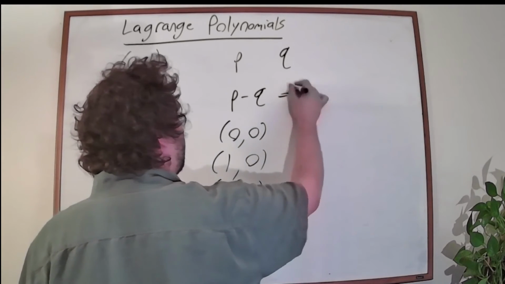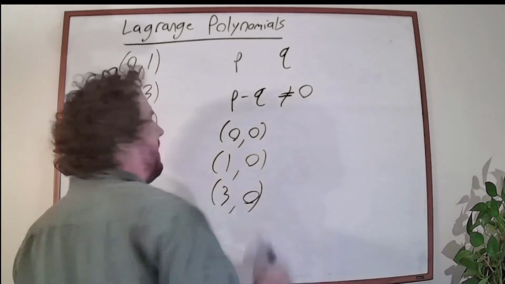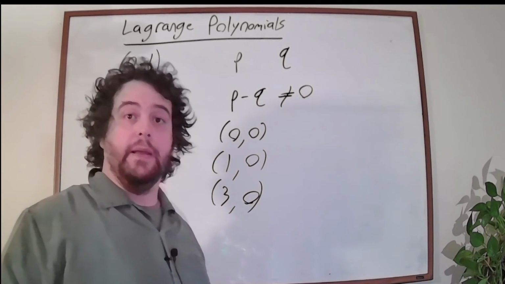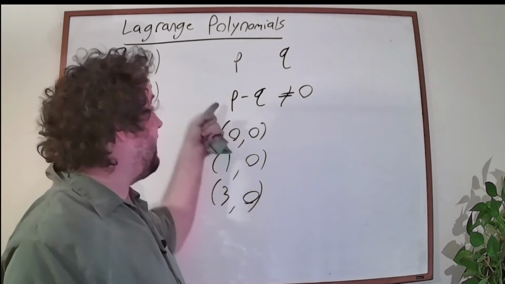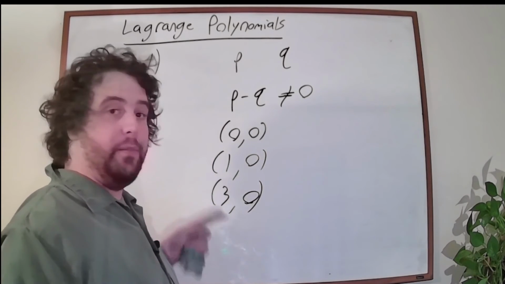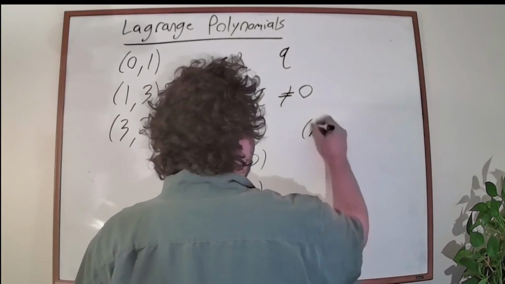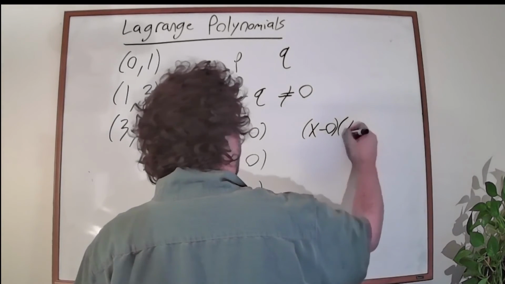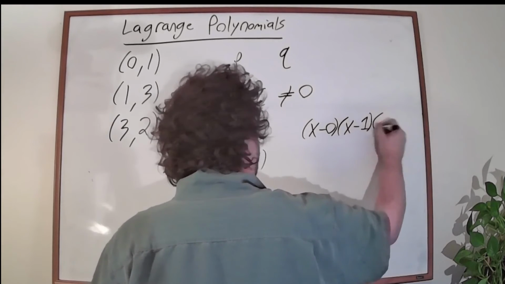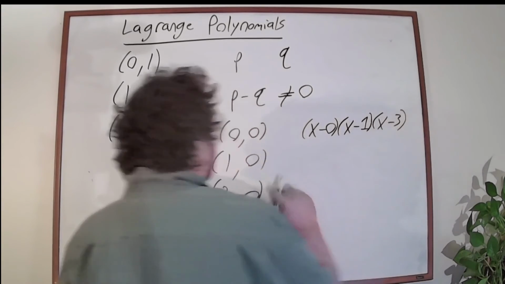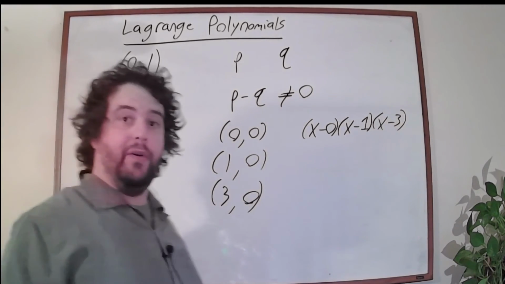And it's also not going to be equal to 0, because we said that p and q were different polynomials. Well, because this polynomial passes through these 3 points, it must be a multiple of x minus 0 times x minus 1 times x minus 3 in order to have roots at these 3 points.